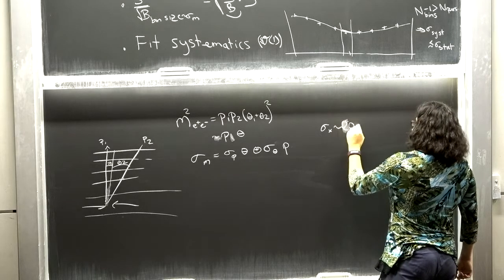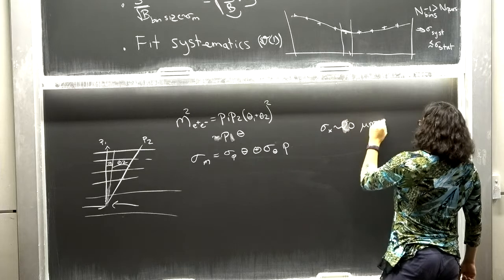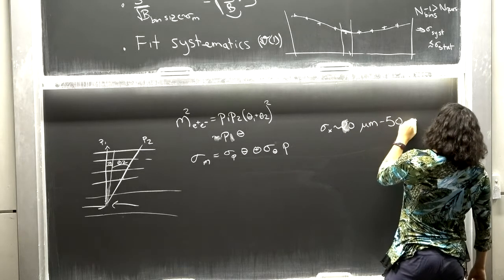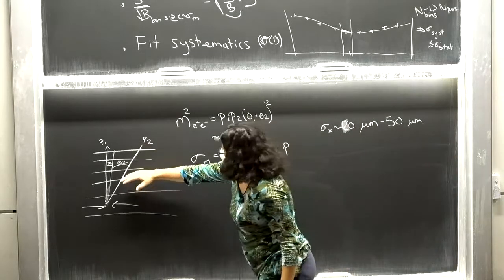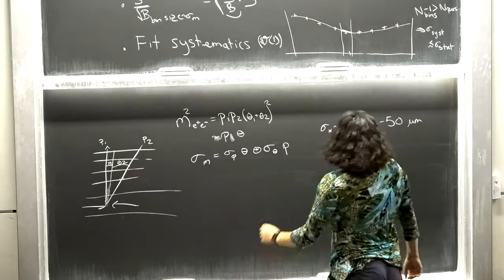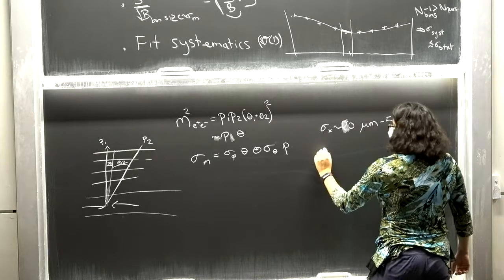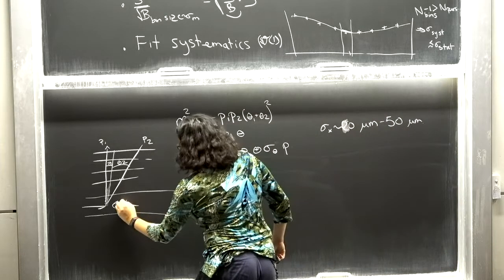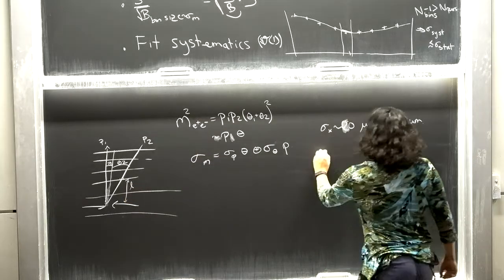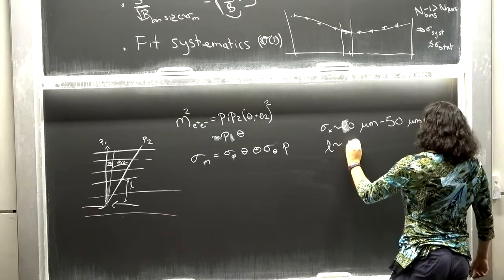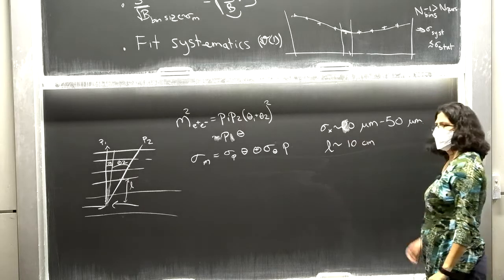I think they got down to 20 microns. And they put these trackers very close to the beamline, a characteristic separation between the interaction point and that first layer, I'll call it L, is of order 10 centimeters.